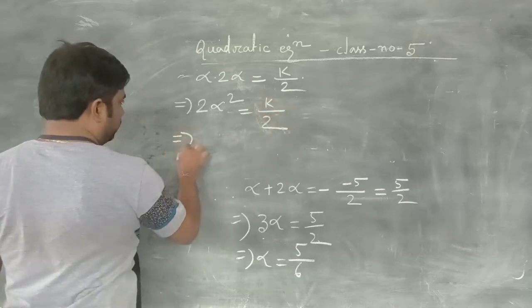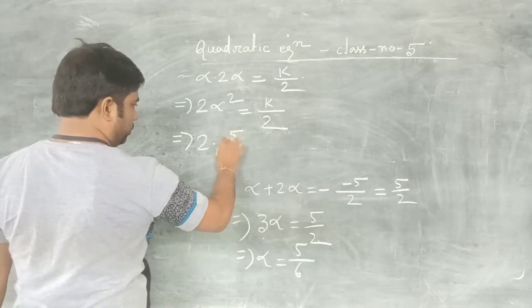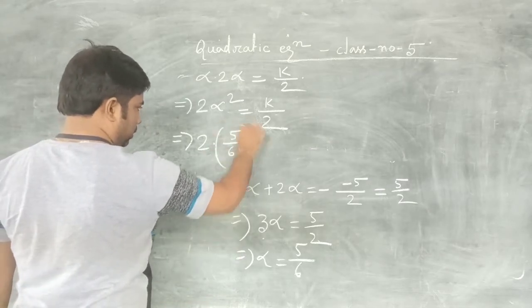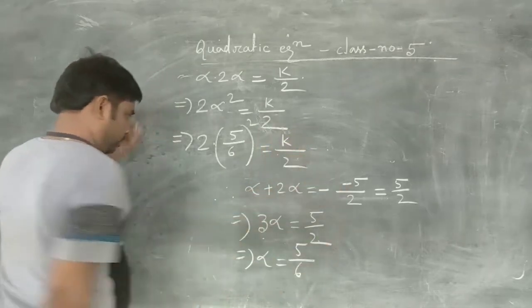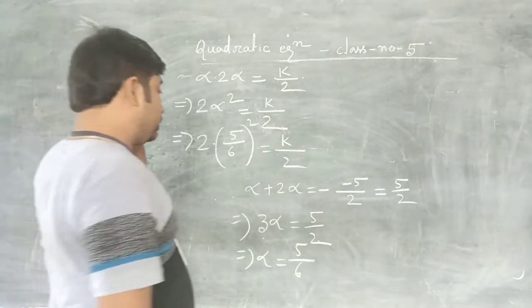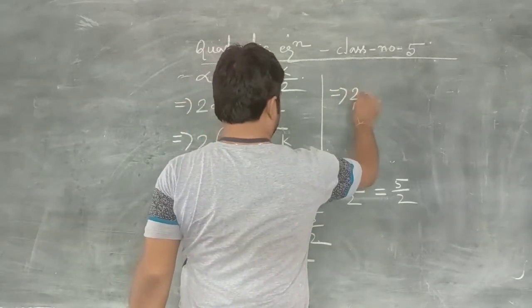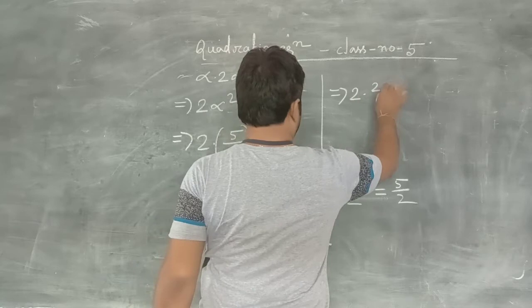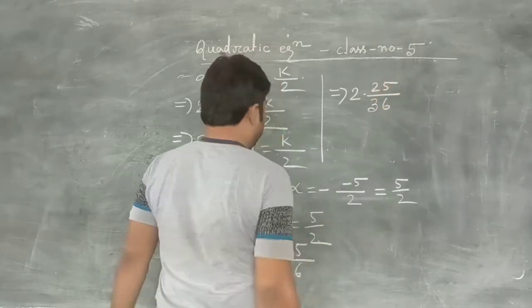What is the value of alpha? 2 into alpha, that is 5 by 6, whole square, equal to k by 2. So this can be written as 2 into 25, 5 square is 25, 6 square is 36, equal to k by 2.